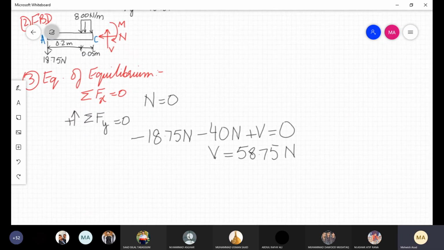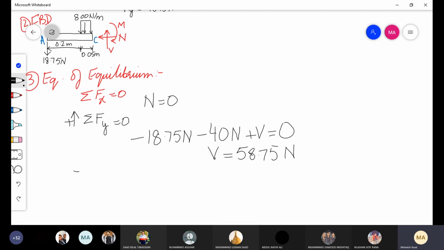The third equation of equilibrium will be used, that is summation of all moments will be 0. We are going to calculate the moment at the internal point through which we have passed the section. तो हमने C point से पास किया था section, C point के about ही हम moment calculate करेंगे. Assuming all counterclockwise moments as positive.